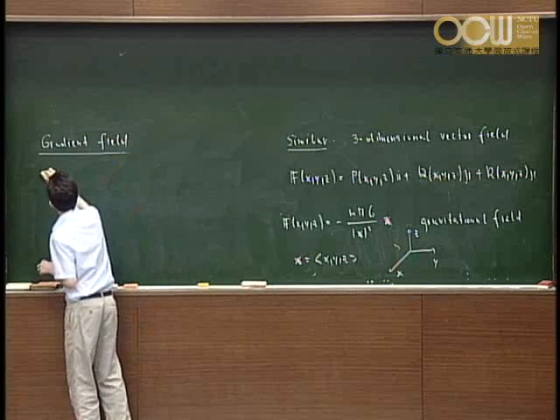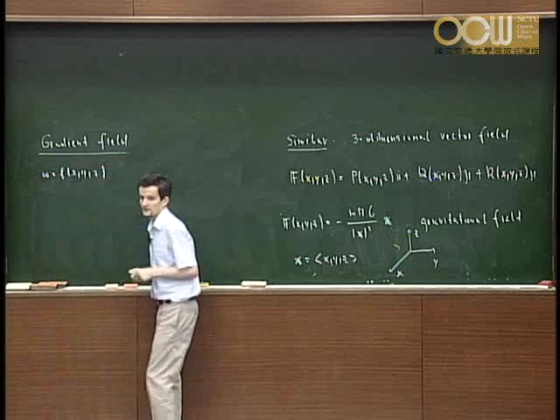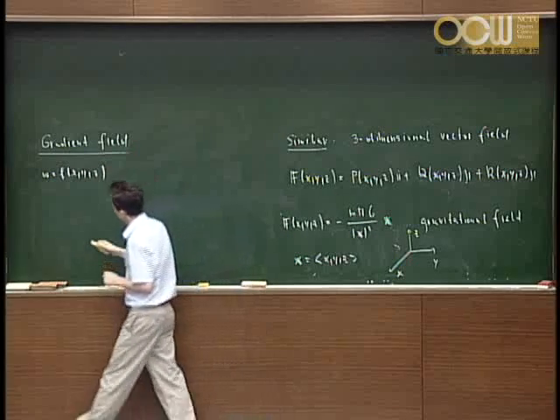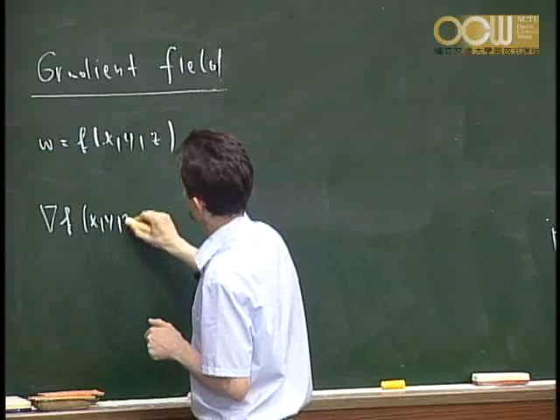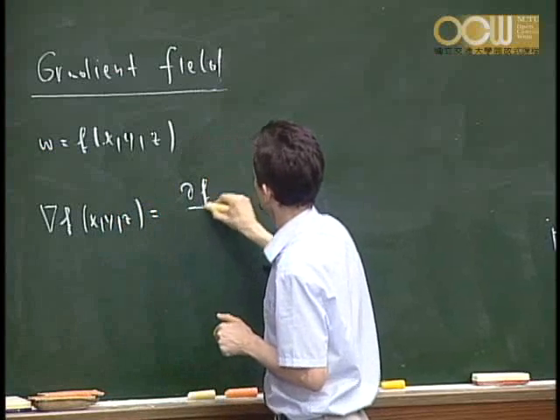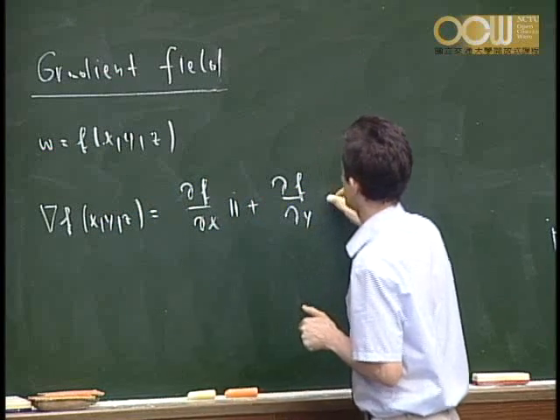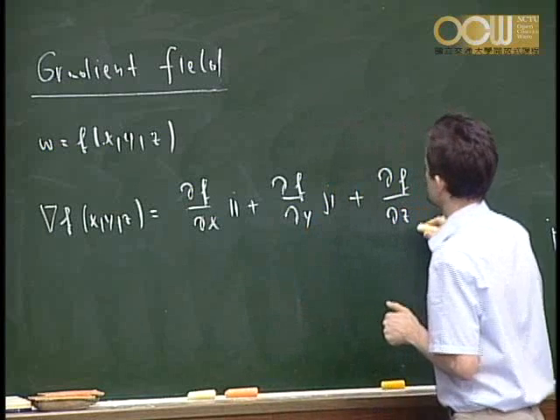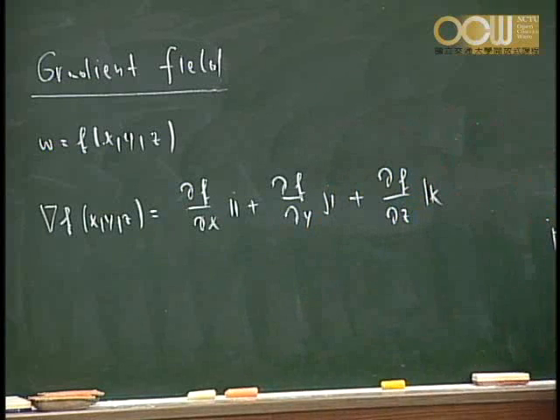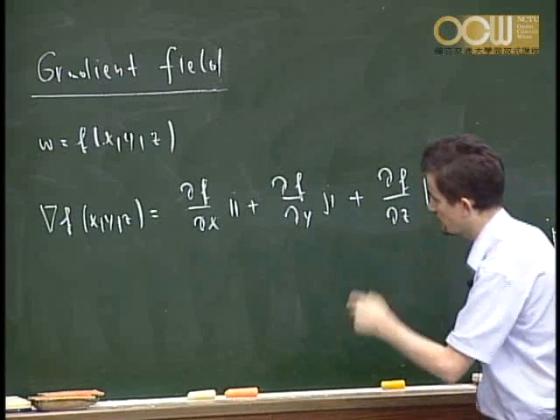Okay, so we have given a function, let's say, of three variables, and we look at the vector field which is given by the gradient. So the partial derivative of f with respect to x times i plus the partial derivative of f with respect to y times j plus the partial derivative of f with respect to z times k. So this is the so-called gradient field, a special three-dimensional vector field for a given function.